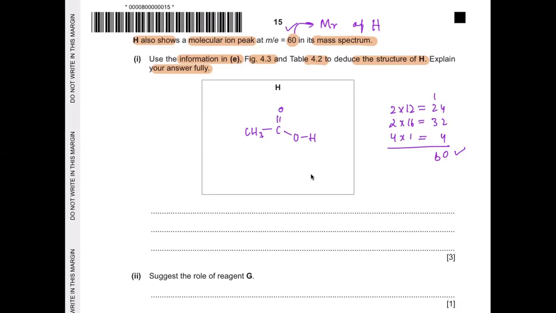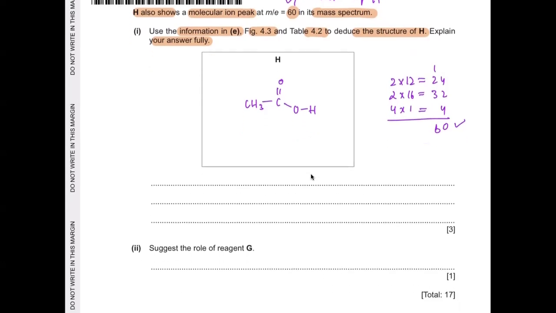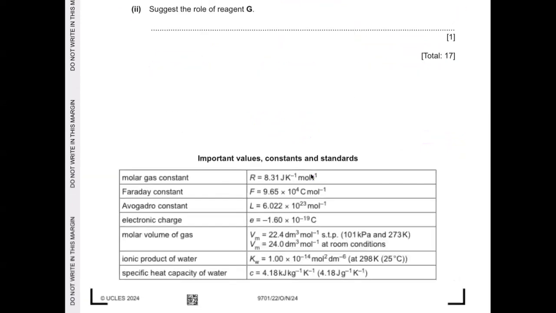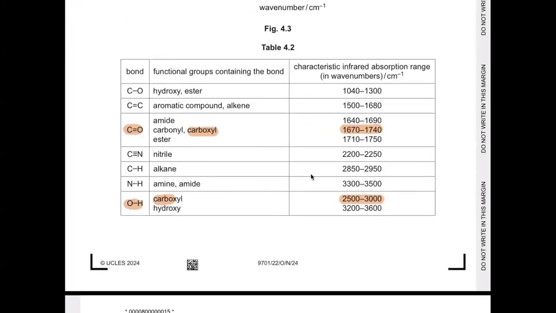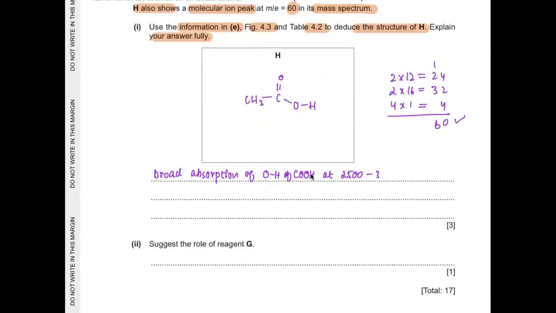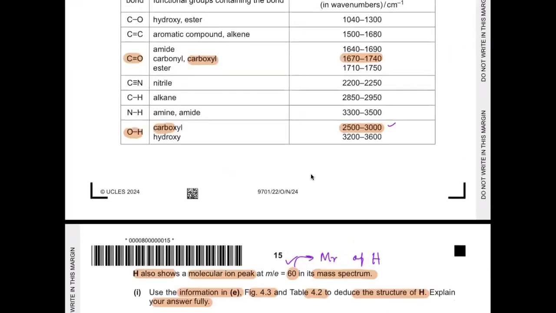Now we are going to explain it. We got a broad absorption of the OH of COOH at 2500 to 3000.